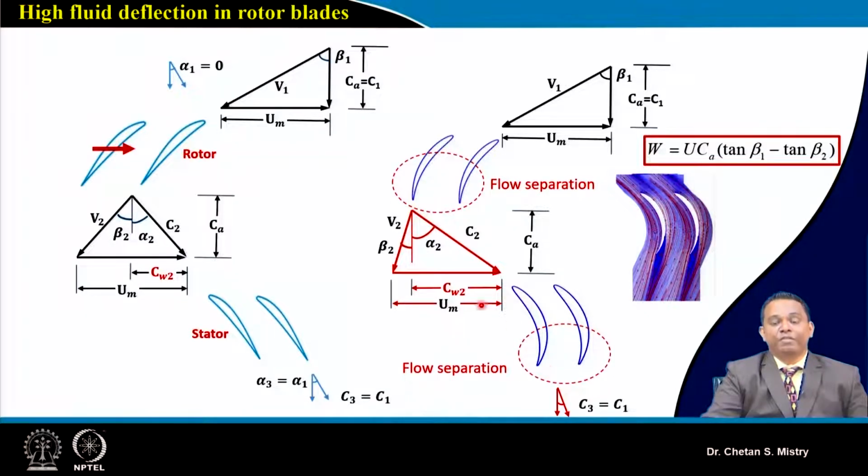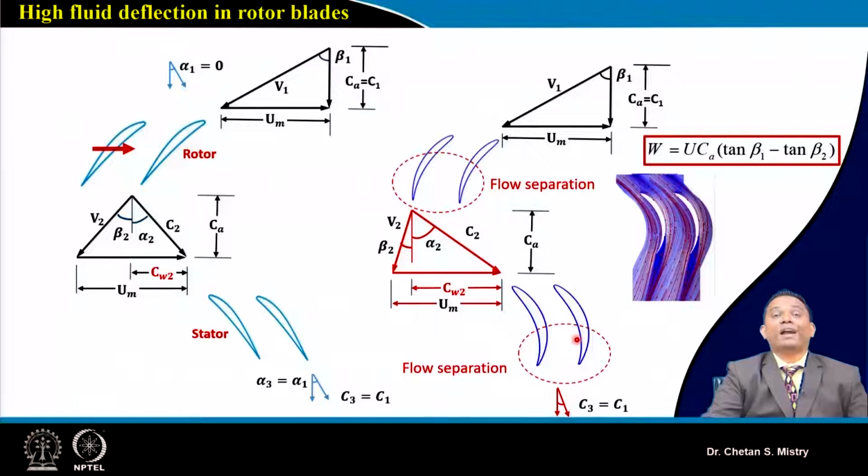Now when we have a highly cambered blade, since we are operating under adverse pressure gradient, there are more chances for my flow to get separated, maybe from the suction surface or maybe from the pressure surface, based on my flow condition. This is what we have discussed earlier also. Here in this case my flow gets separated from the suction surface, and here also it gets separated from the suction surface.